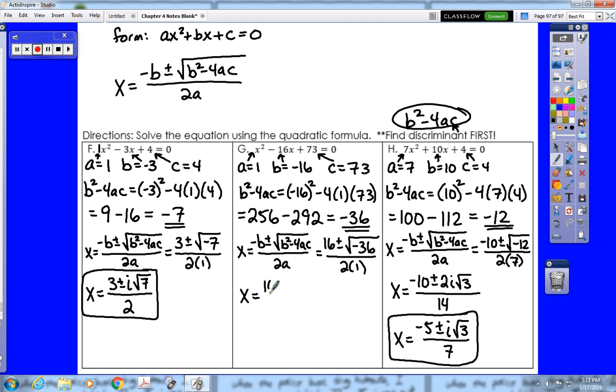So we have 16 plus or minus 6i over 2, because the square root of negative 36 would be 6i. 2 times 1 is 2. All three of those numbers are divisible by 2, so it would be expected that you would realize that that reduces to 8 plus or minus 3i over 1. Because it's over 1, we don't have to write the denominator, and our final answer would be 8 plus or minus 3i.